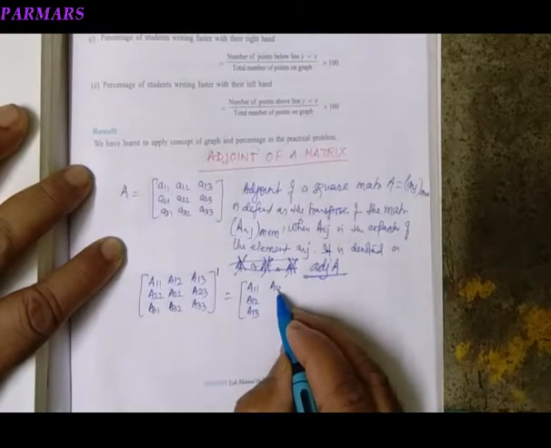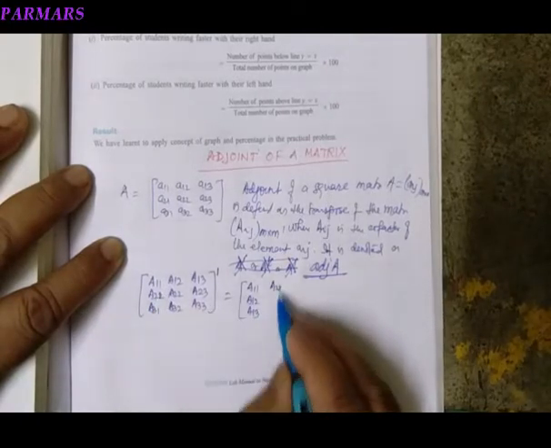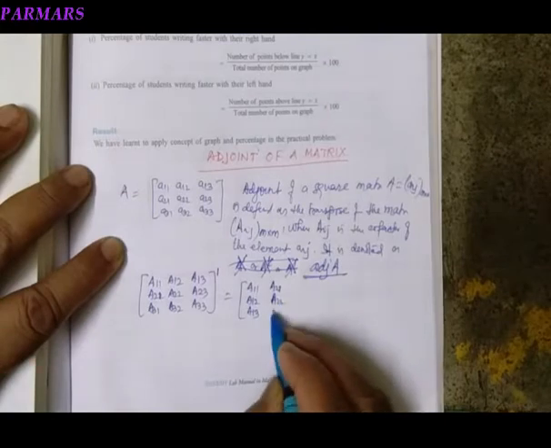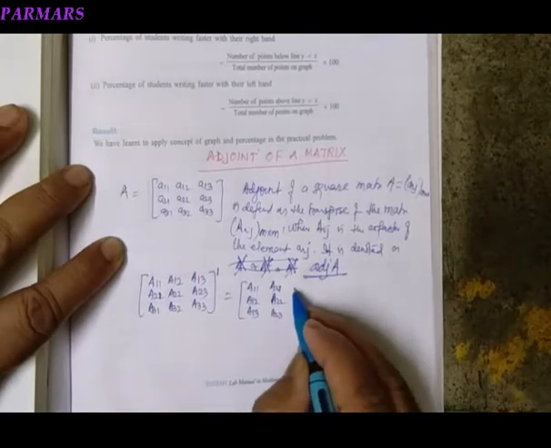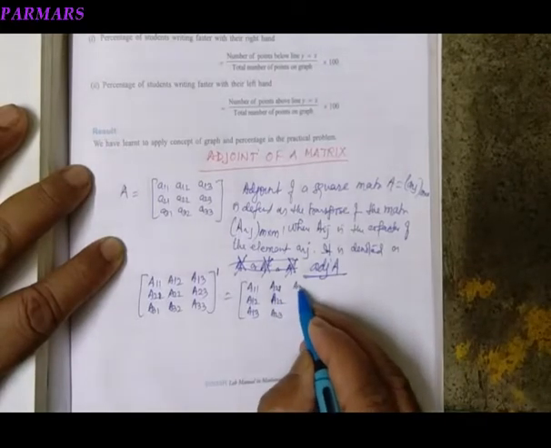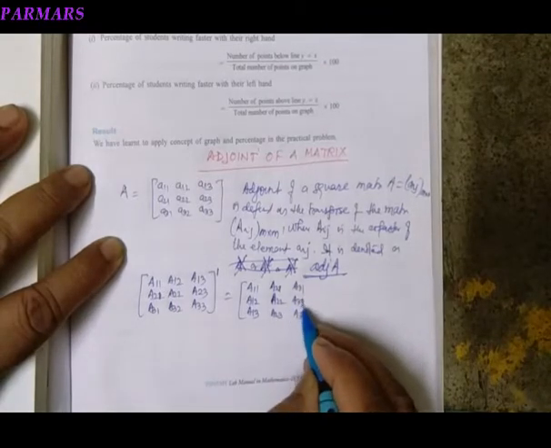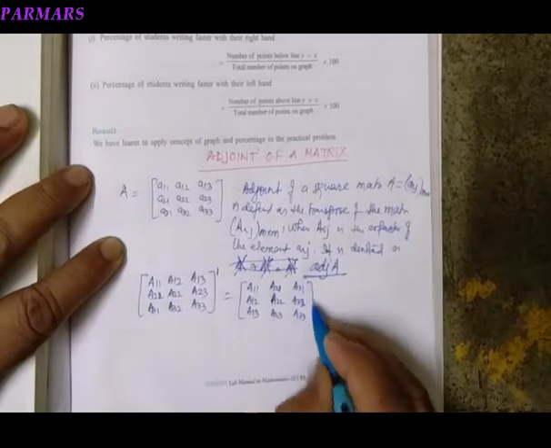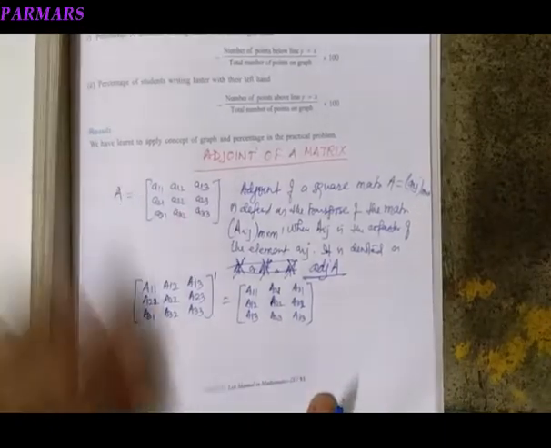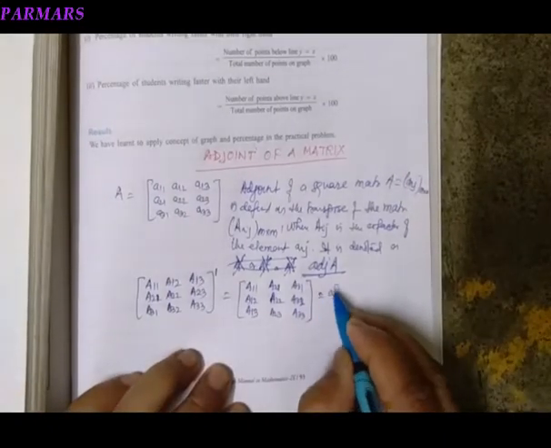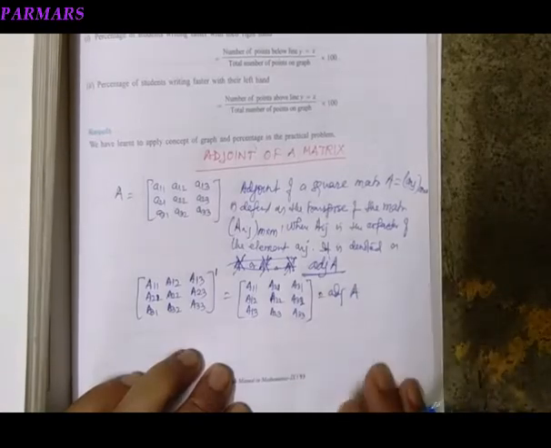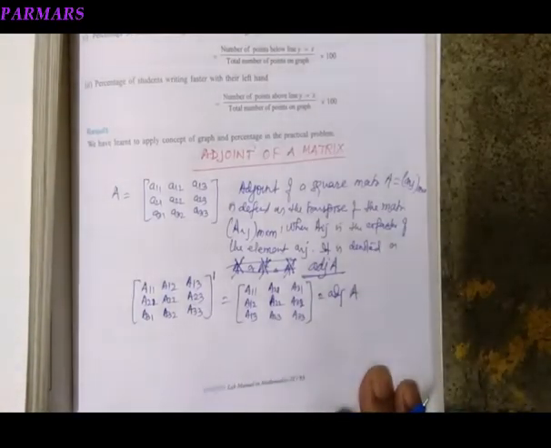A21, A22, A23, again the second row becomes the second column. A31, A32, A33 becomes the third column, and this is the adjoint of A.